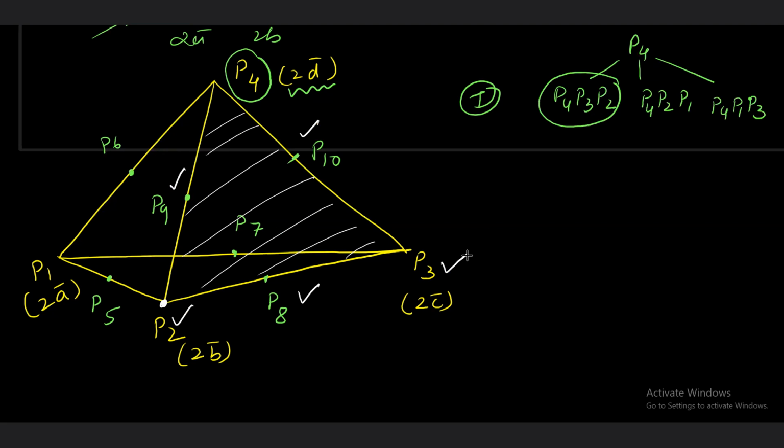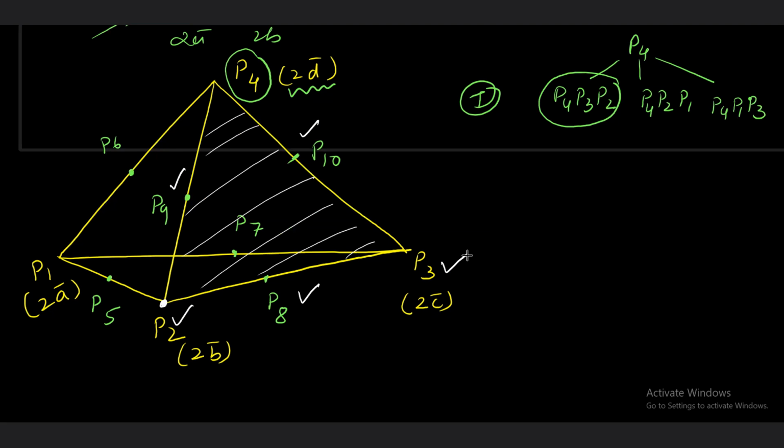On the plane P2, P4, P3, we have total 6 points, but P4 is already taken and I need 3 more points from the same face. Whatever 3 points you select from this face will constitute a set of 4 points, which will be coplanar. You will be getting 4 coplanar points.